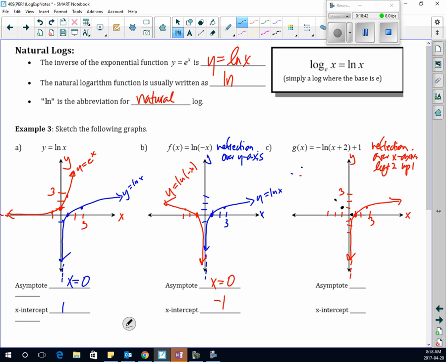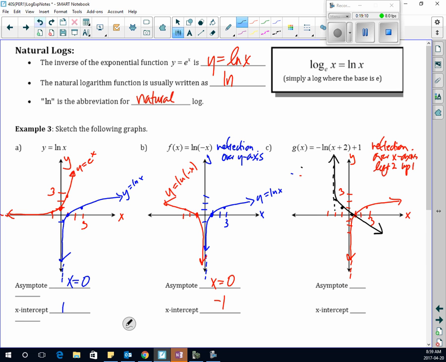Okay, then I'm going up 1, which doesn't affect it, and then left 2, so it'd be at negative 2. So you might want to have it kind of going like this. So now, can you see the graph a little bit better? Yeah, that totally helps it. So, of course my pen is goofy. Let's try this again. So I'm going to go with my asymptote, and there we go. Looks like that.